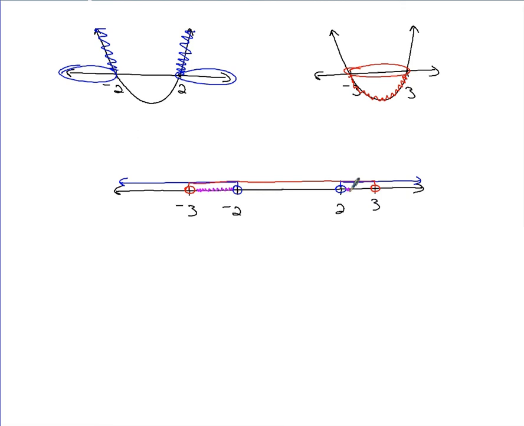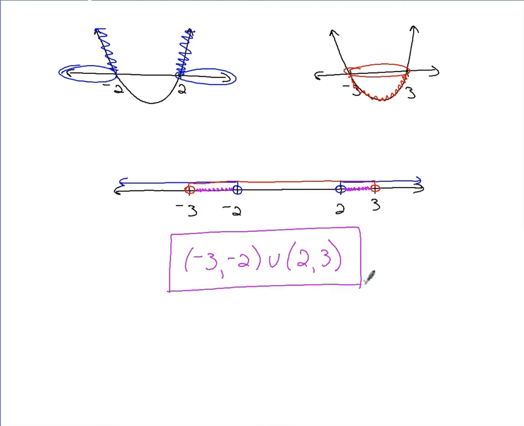Got some red and blue coming together over here. So it looks like I've got two little intervals of answers. I've got everything from negative 3 to negative 2, and those are open. I'm forming a union because of the second interval with everything from 2 to 3. Once again, open. That's what x could be. If you pick values on those two intervals and plug back into the original inequality, you should get true statements back.